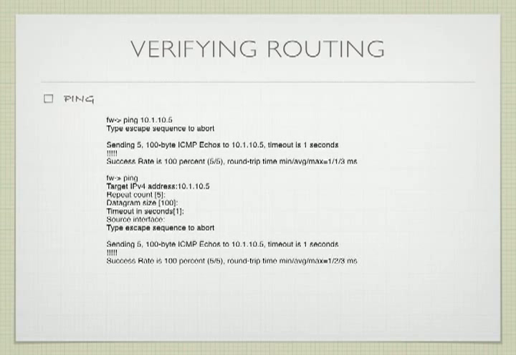If you want to customize the ping command, you can either enter these parameters that we show here manually, or if you just type the keyword ping, it'll give you a prompt for every one of them.